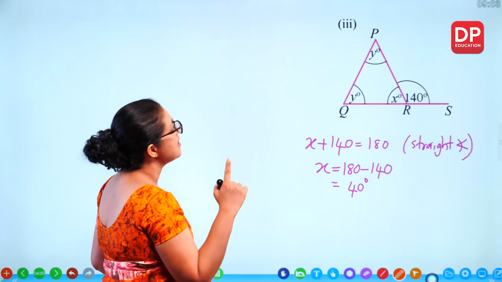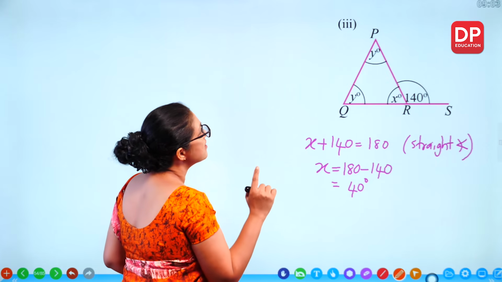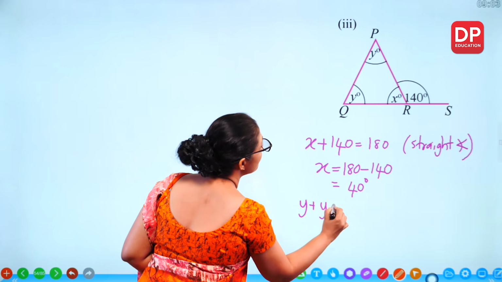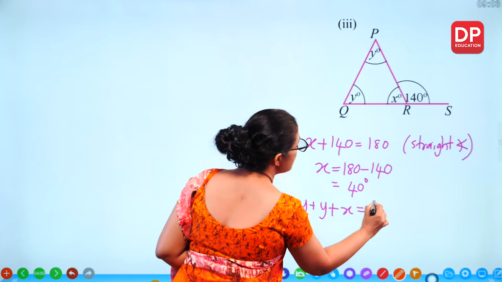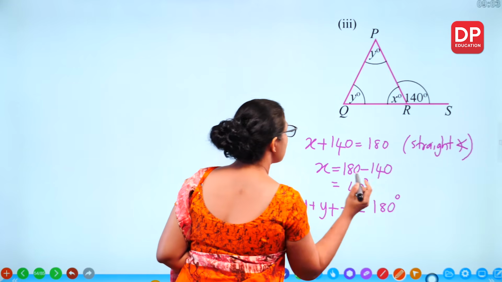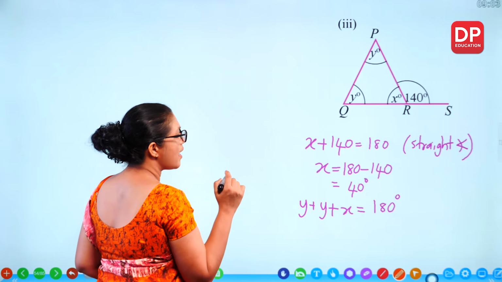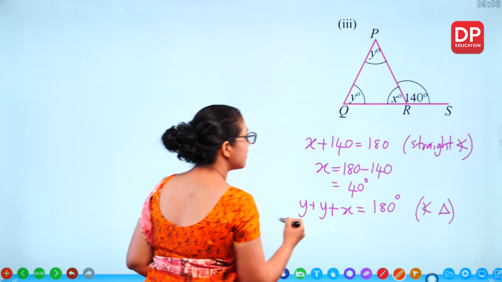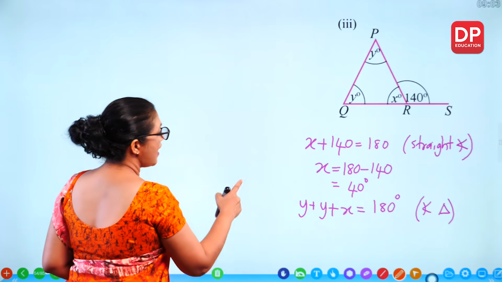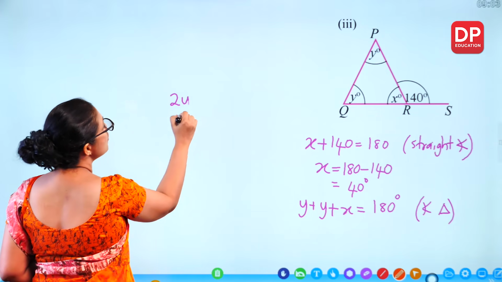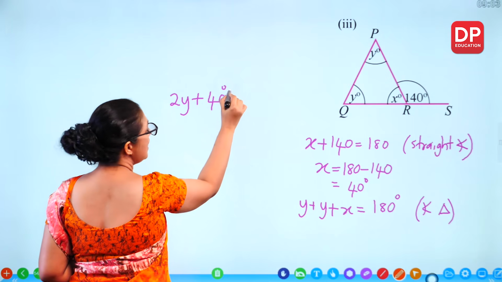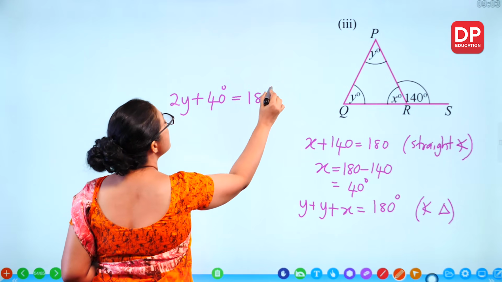We can take interior angles. Y plus y plus x equals 180. Sum of angles in a triangle. So you can write 2y, y plus y, 2y, plus x, x we found that's 40, is equal to 180.